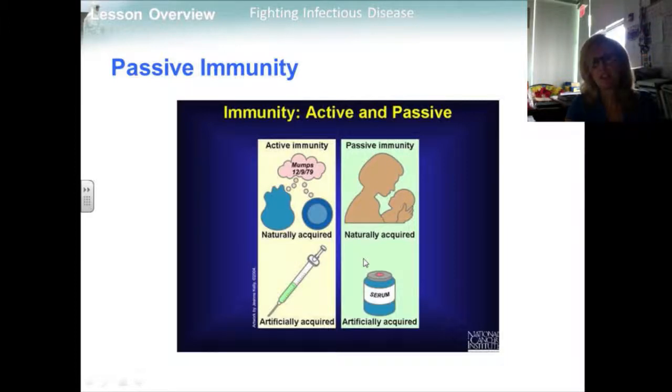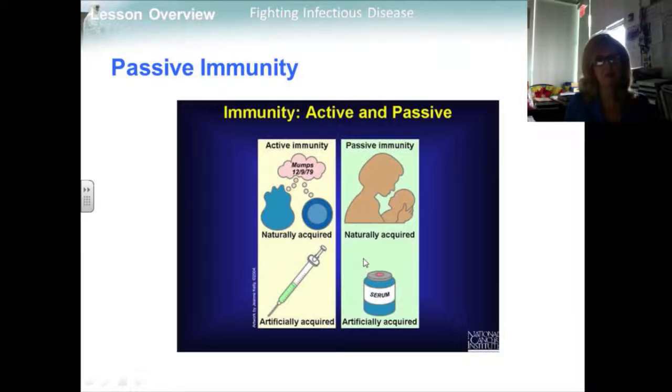Antibodies produced against the pathogens by other individuals or animals can also be used to produce temporary immunity. If externally produced antibodies are introduced into a person's blood, the result is passive immunity. Passive immunity lasts only a short time because the immune system eventually destroys the foreign antibodies. Passive immunity can occur naturally or by deliberate exposure.